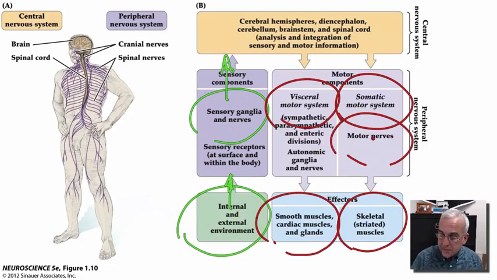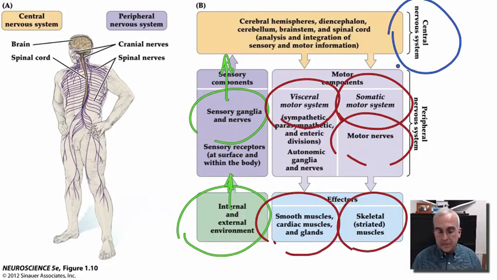Now, what we're leaving out from this diagram, of course, is the wonderful integration of sensation and the production of commands for motor output that takes place at higher levels of processing, namely in the cerebral cortex and in circuits that run through subcortical structures like the basal ganglia, the thalamus, and even the cerebellum. Well, all of this sensory motor integration will be the topic of forthcoming tutorials, so hang tight on that.